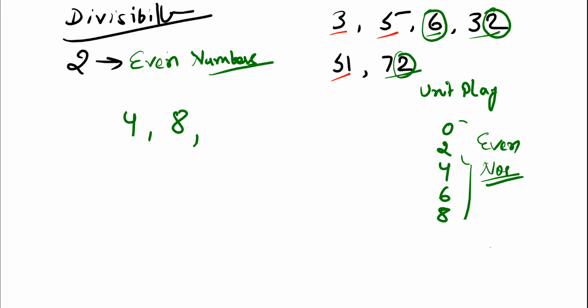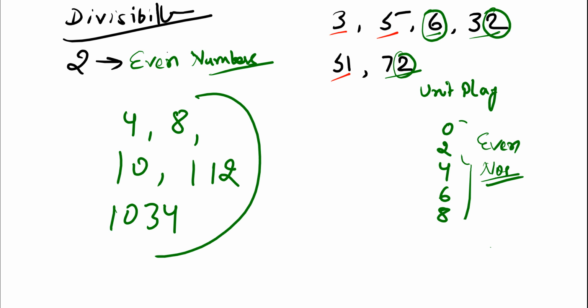So let's take examples: 4, 8, 10. Let's take a bigger number. These are divisible by 2.